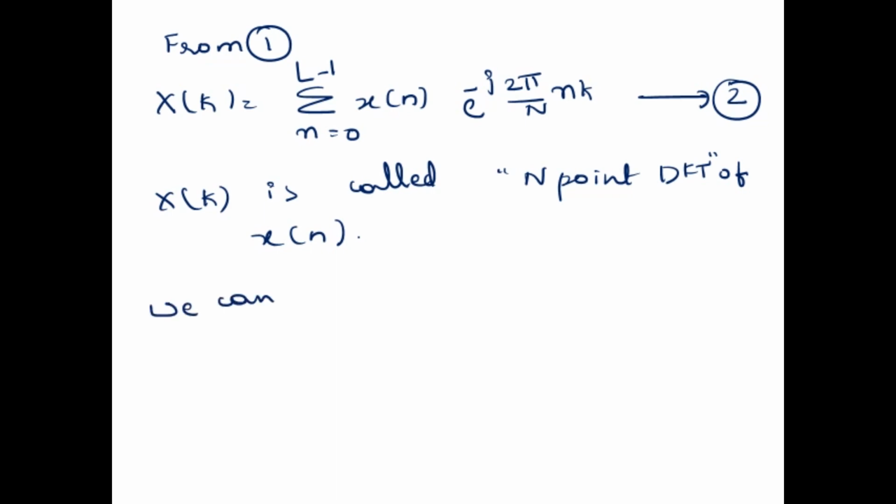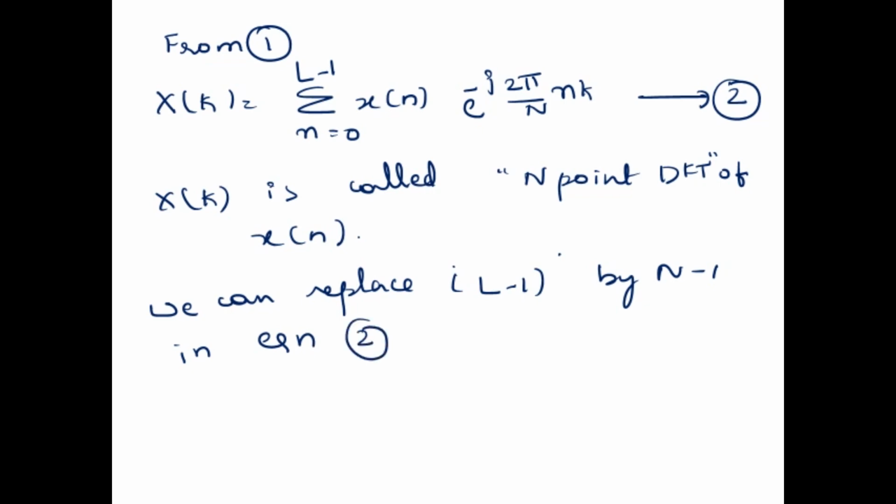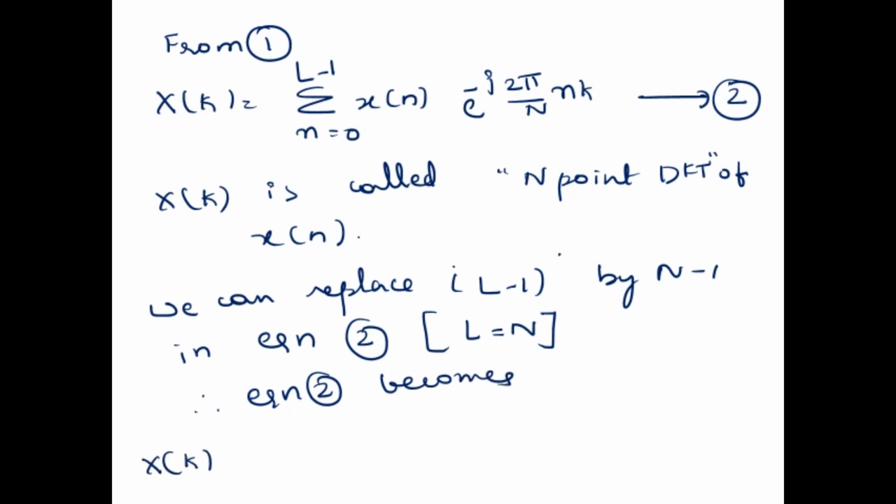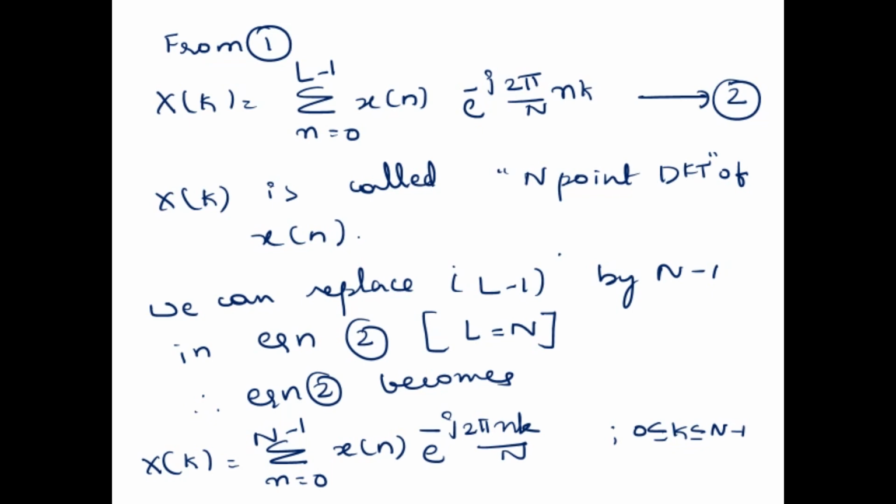Now we can replace L minus 1 by N minus 1 in equation number 2, that is by equating L is equal to N. Then equation number 2 becomes X of k is equal to summation n is equal to 0 to N minus 1 x of n e power minus j 2 pi nk by N, where k varies between 0 to N minus 1. I'm going to call it as equation number 3.